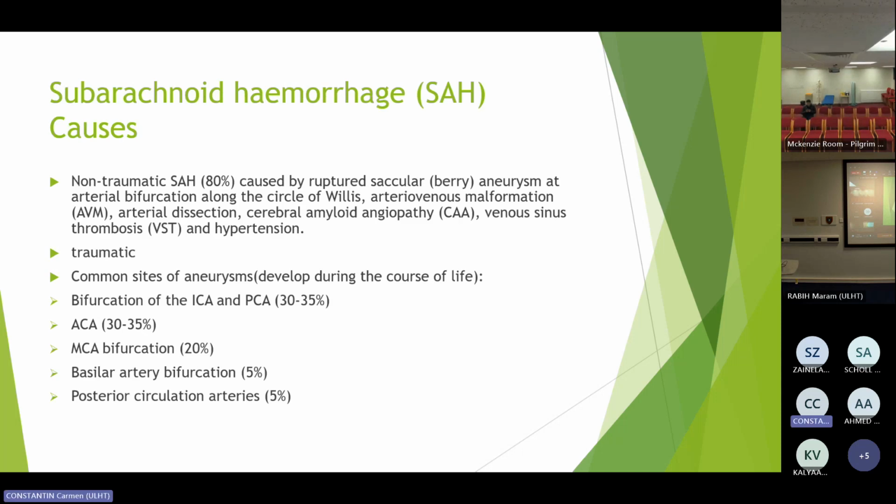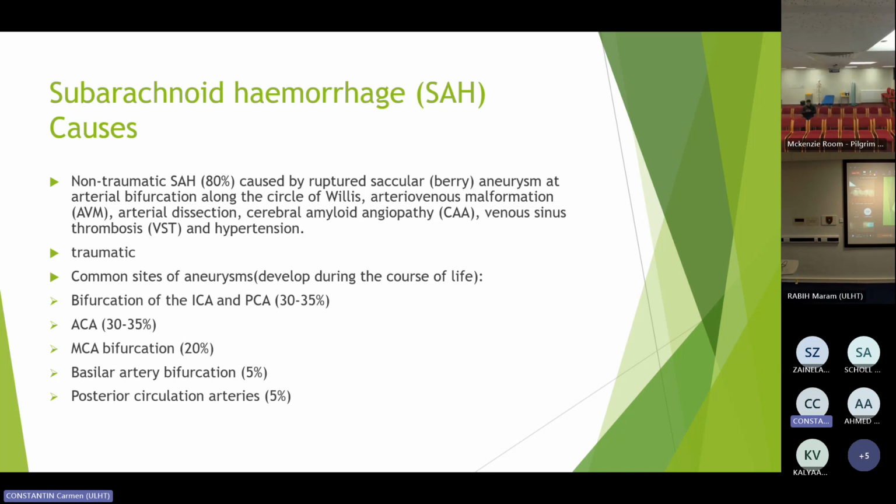In subarachnoid hemorrhage, because the topic of the presentation is covering it, I'm going to discuss it briefly. I would like to insist on non-traumatic subarachnoid hemorrhage, which covers around 80% of the presentations and is caused by rupture of a Berry aneurysm, which is located at the arterial bifurcation along the circle of Willis.